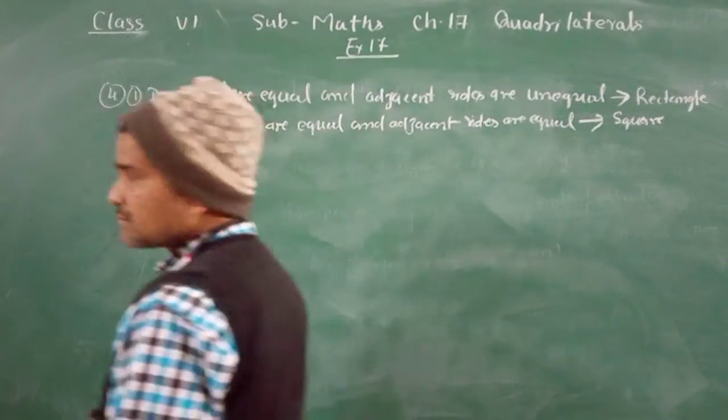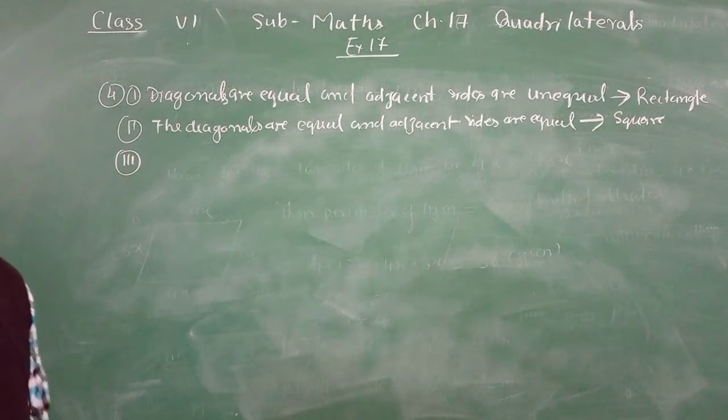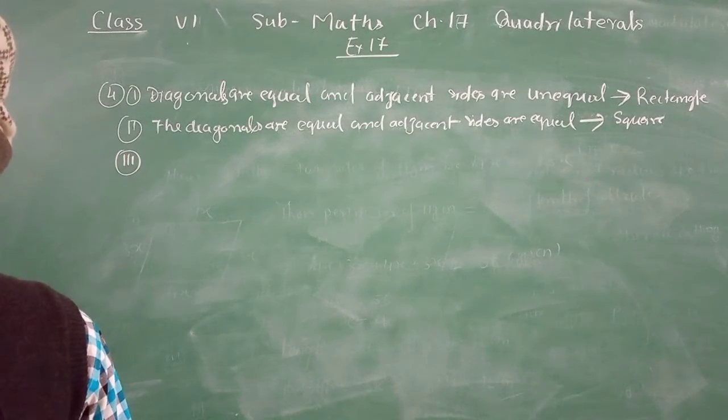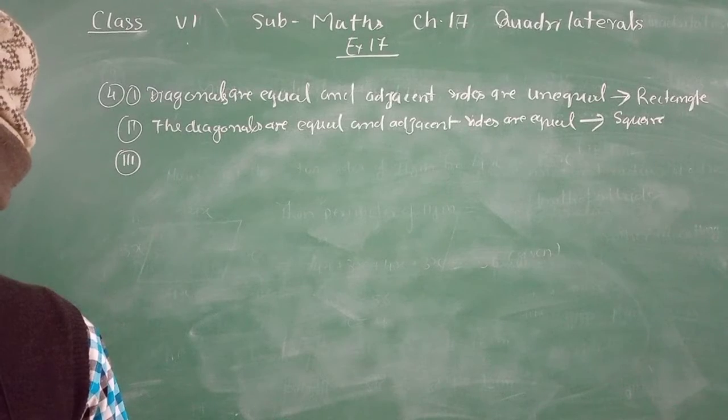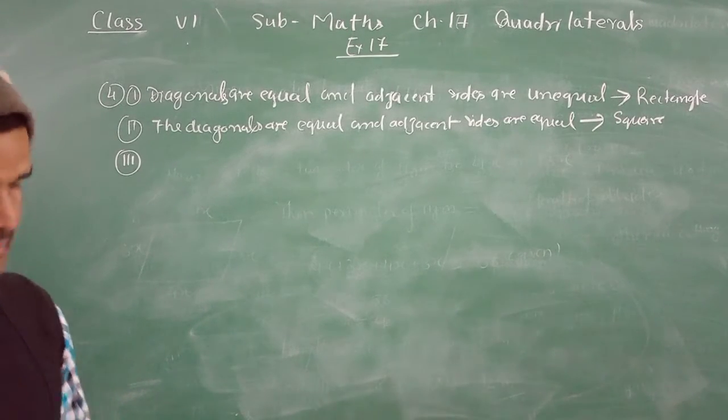Okay. Third, the diagonals are unequal and adjacent sides are equal.